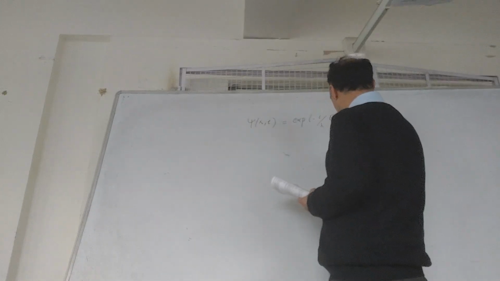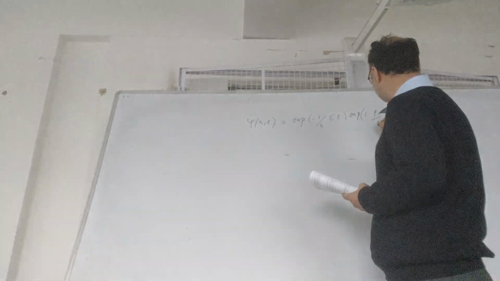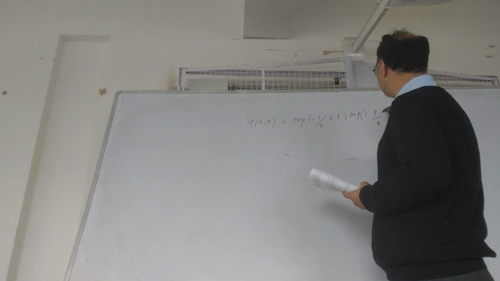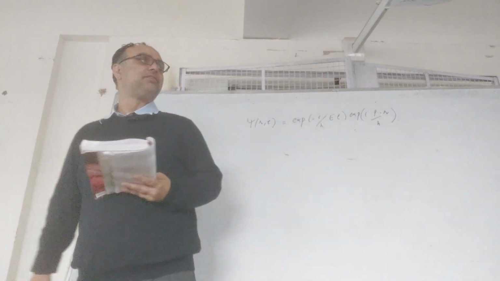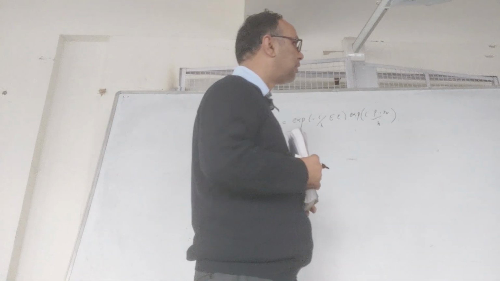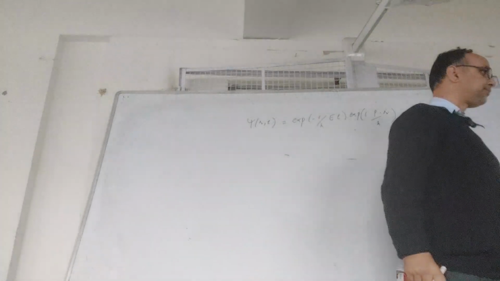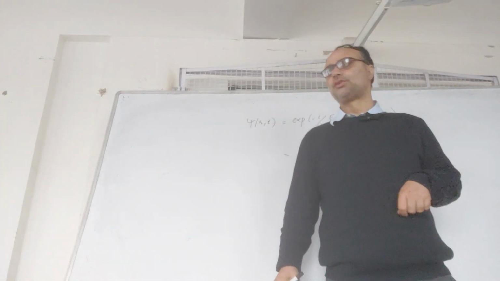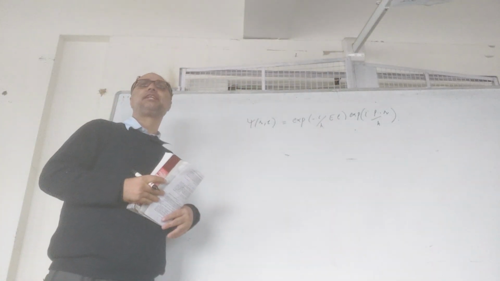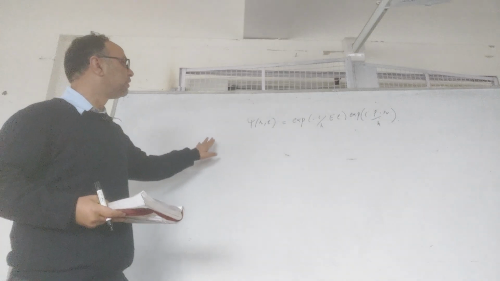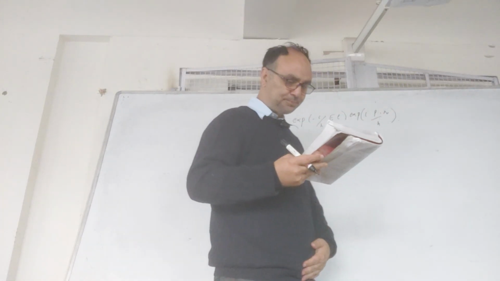If you want to write it in terms of position and momentum, where function... So the wave function here may represent... We are going to take a wave function, and the wave function is represented like this.